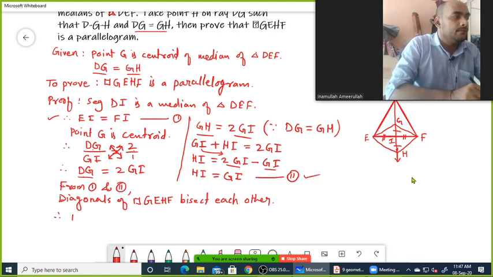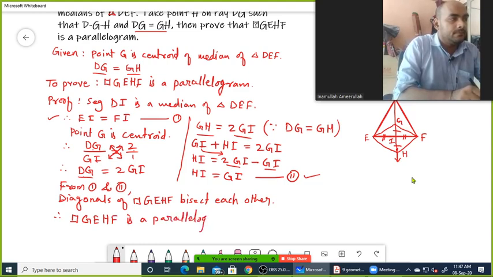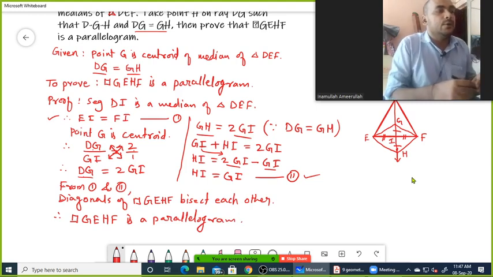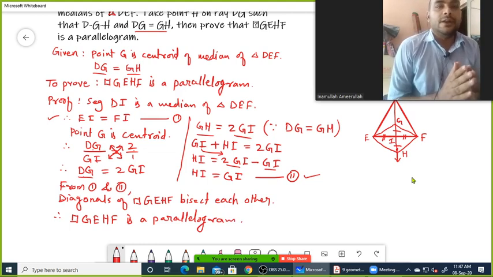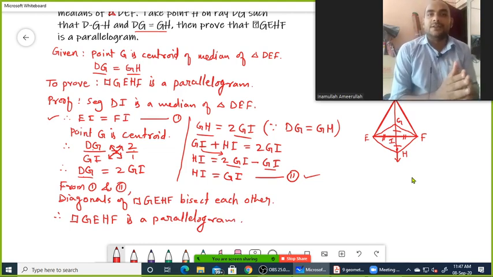Therefore, quadrilateral GEHF is a parallelogram. Because we know that if the diagonals of any quadrilateral bisect each other, then that quadrilateral is called a parallelogram.